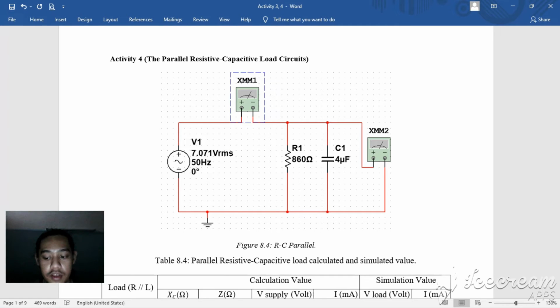So for activity 4, the parallel resistive and capacitive load circuit, the first step is we have to complete the simulation circuit with input of 10 volt peak 50 Hz, and insert the value of resistor and capacitor in parallel as the load.